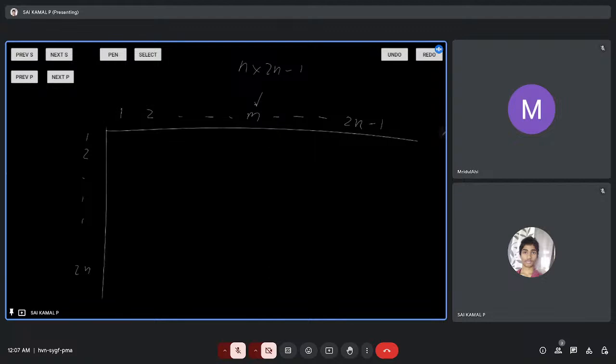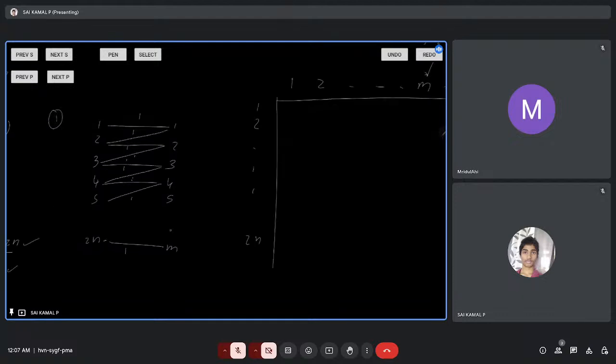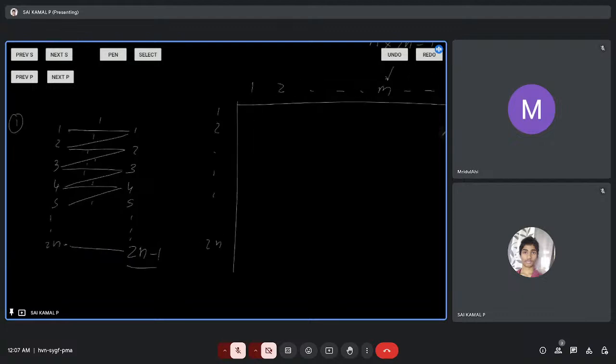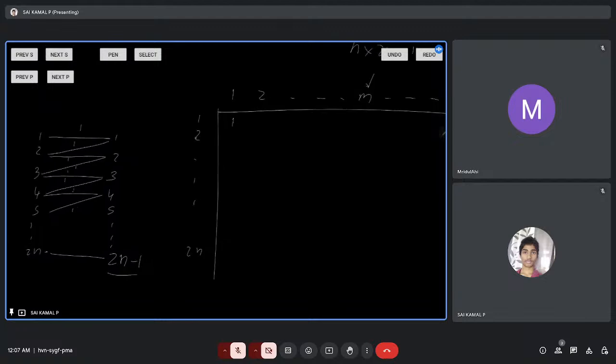So the construction goes like this. Sorry, I was essentially giving the construction when m goes up to 2n minus 1. In this construction, see what the pattern of these numbers is. 1 connects to 1 with 1, 2 connects to 1 with 1, 3 connects to 2 with 1, and 4 connects to 2 with 1.